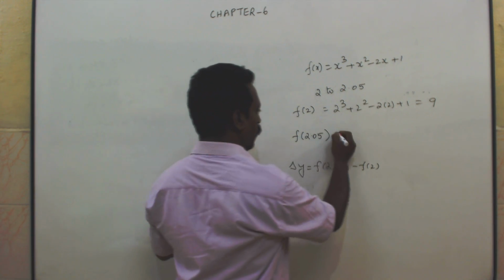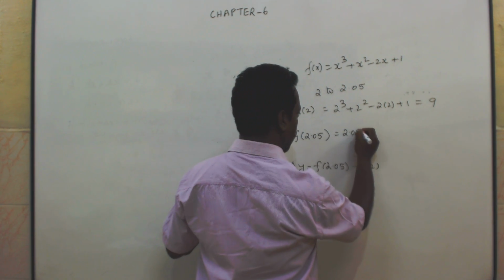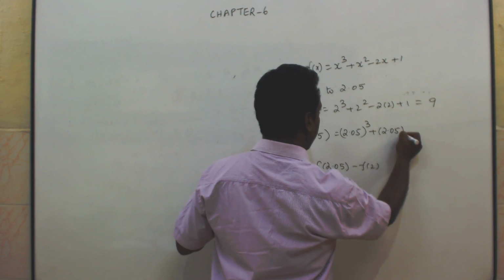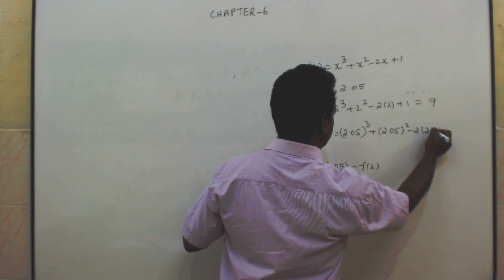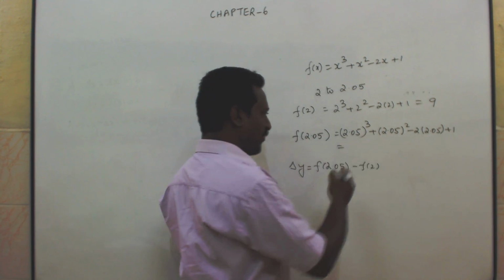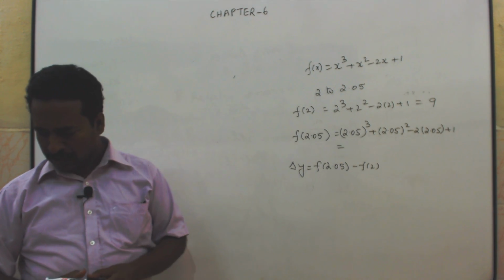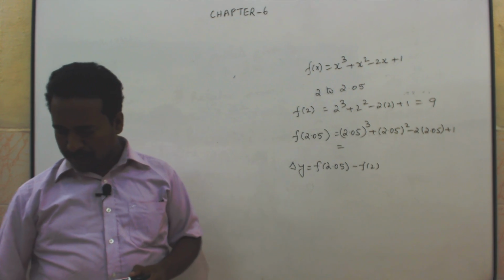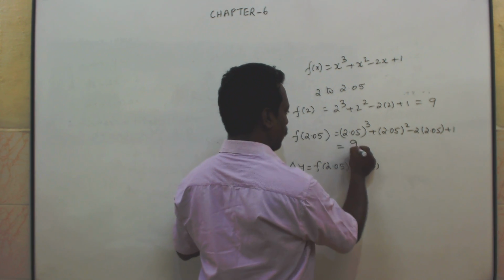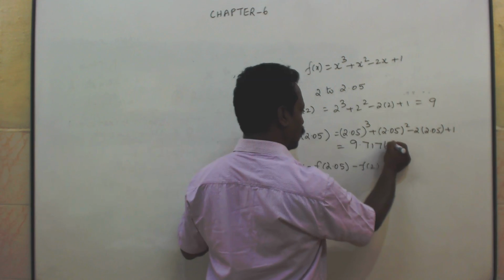Then 2.05 cube plus 2.05 square minus 2 into 2.05 plus 1. If we simplify this, you will get 9.717625.